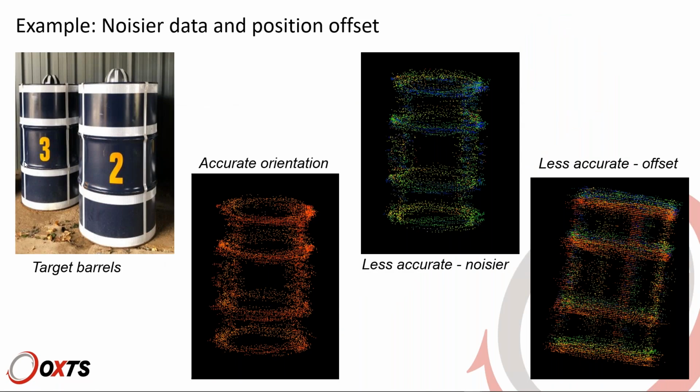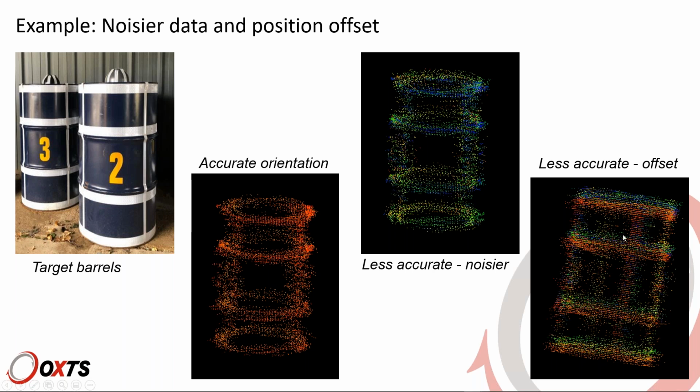Examples, again, our barrels. So over here we have a scan obtained with a high orientation accuracy. With a less accurate orientation, you can see that you can still identify definitely the contours of the barrel, of the reflective strips around it, but the data is noisier. It's not as neat as the first one.